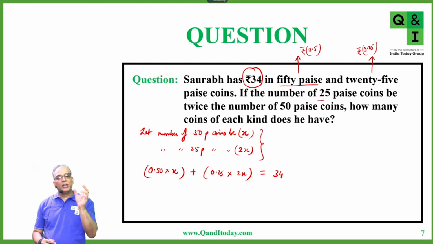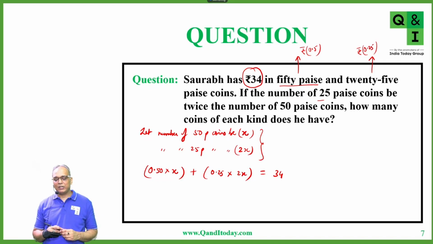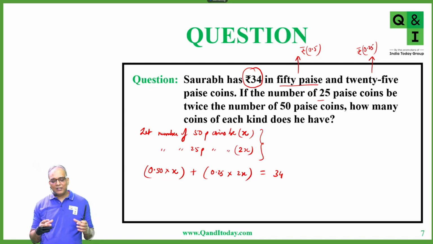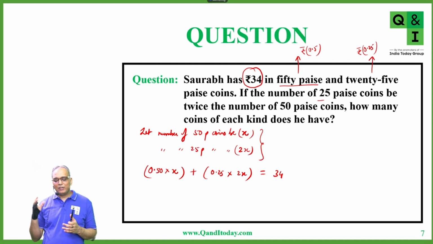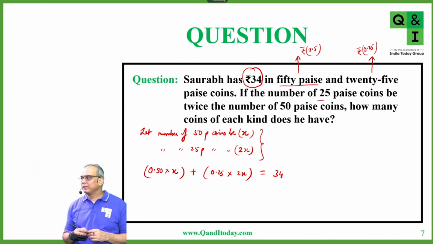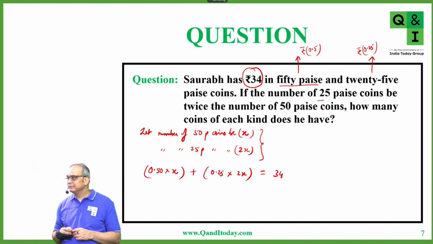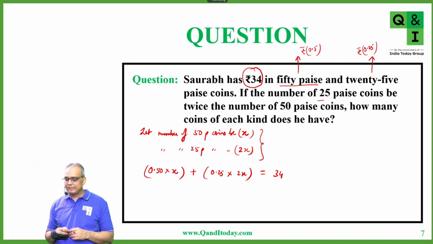Similarly, 0.25 into 2x will give you the value of money in terms of 25 paise coins. And you add both of these to get the total value, that is rupees 34. Is it clear? Is this statement clear to everyone?